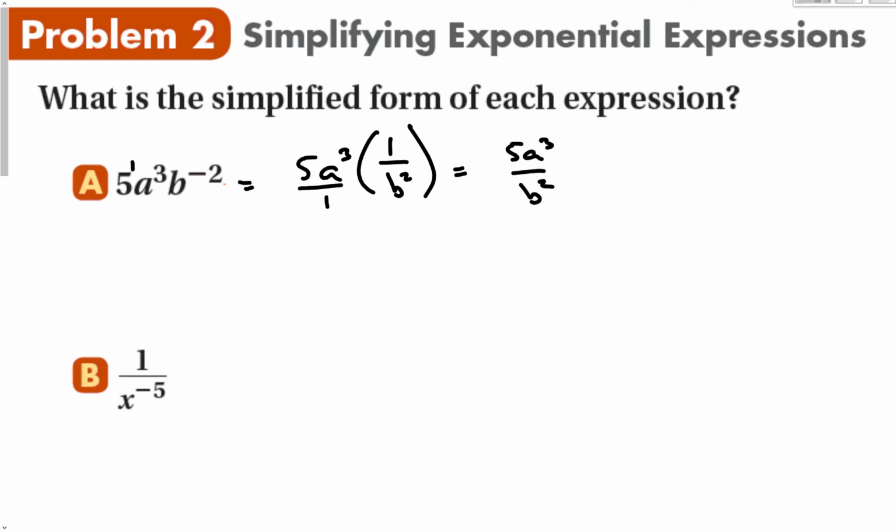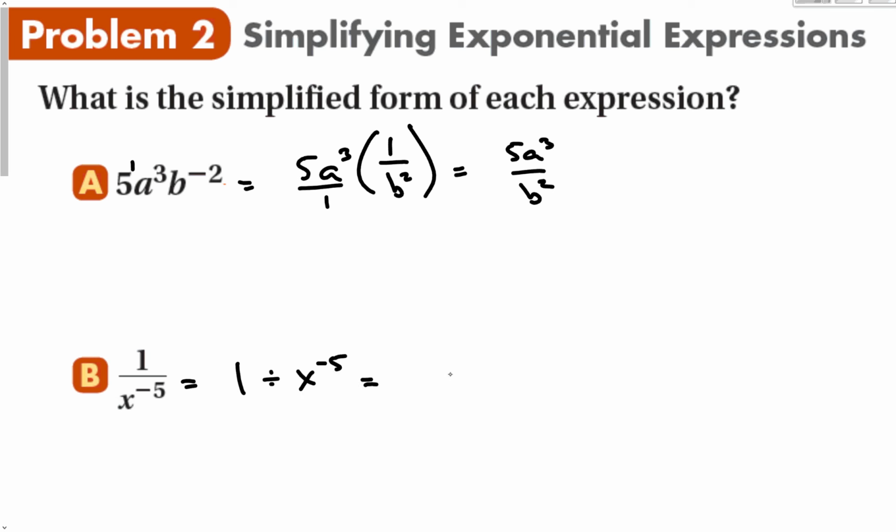Okay. For part B, notice we have a negative exponent in the denominator. So the simple way is to just move it to the numerator. The reason why this works is when we have a fraction like that, that's the same thing as saying 1 divided by x to the negative fifth power, okay?